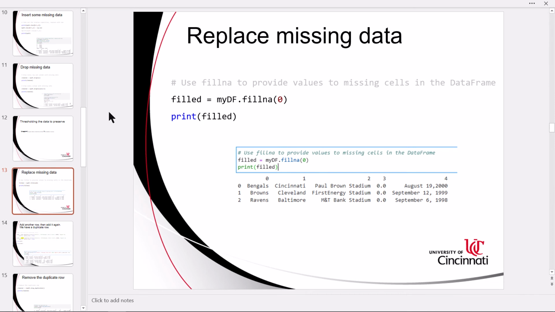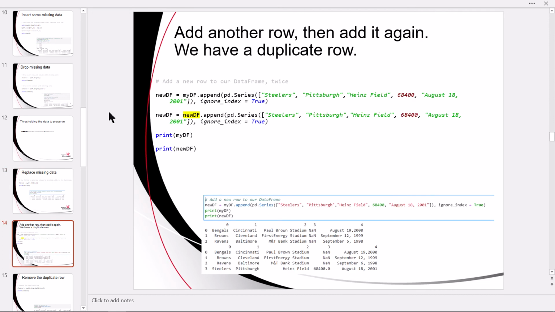Catching up again then. Slide 13, we used fill NA to overwrite the not a number semaphores in our data and replace them with zeros. That's all good. In the next slide, 14, we are going to have a situation where we've added the same row twice.